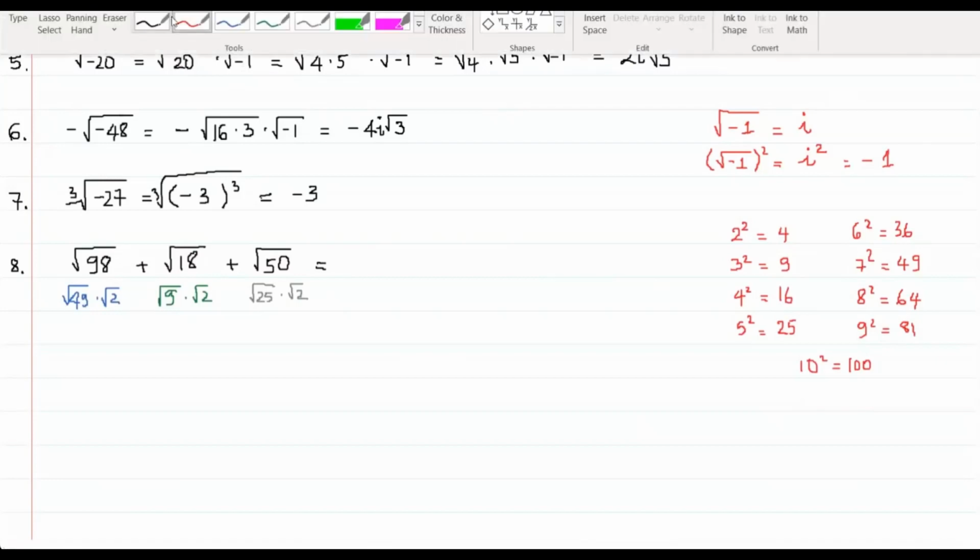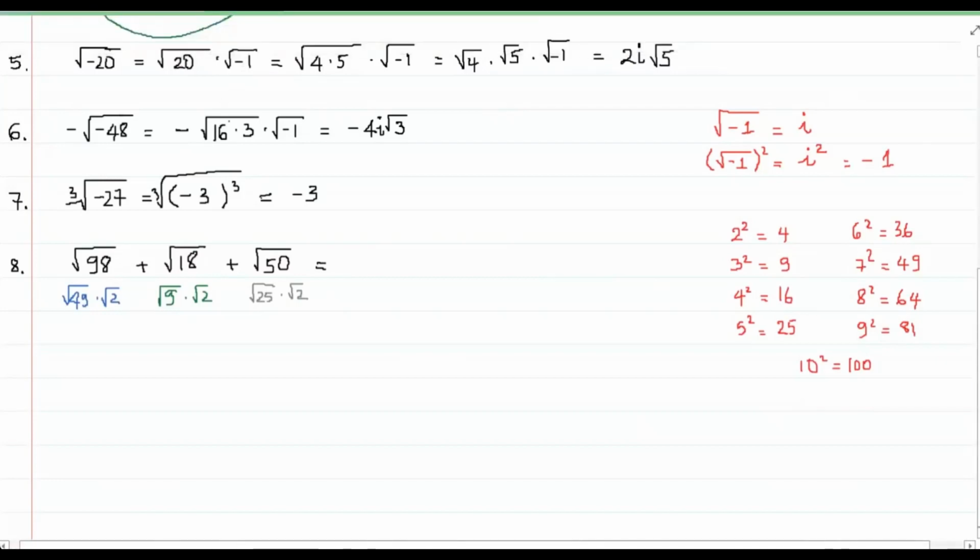So I can rewrite it. The square root of 98 is the square root of 49, which is 7, times the square root of 2. 18 is the square root of 9 times the square root of 2. The square root of 9 is 3, times the square root of 2. The square root of 25 is 5, and then times the square root of 2.